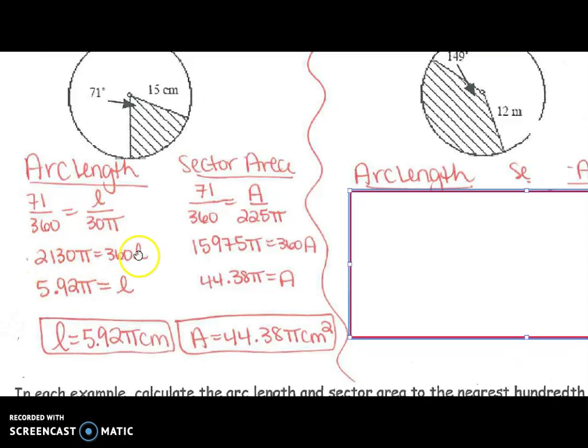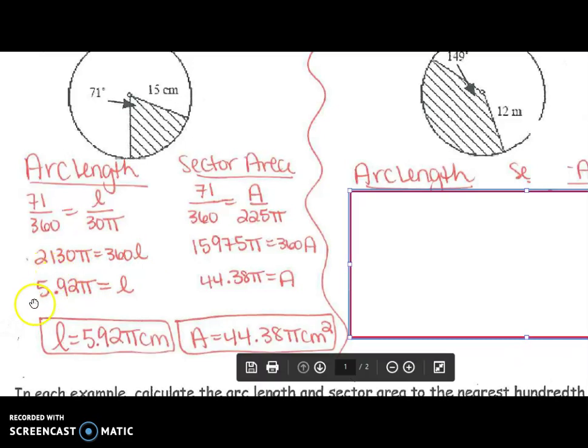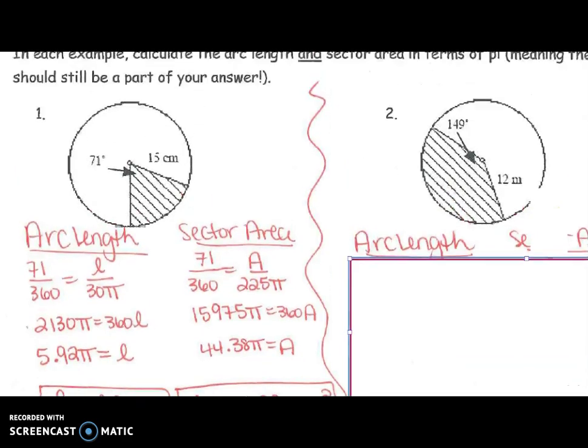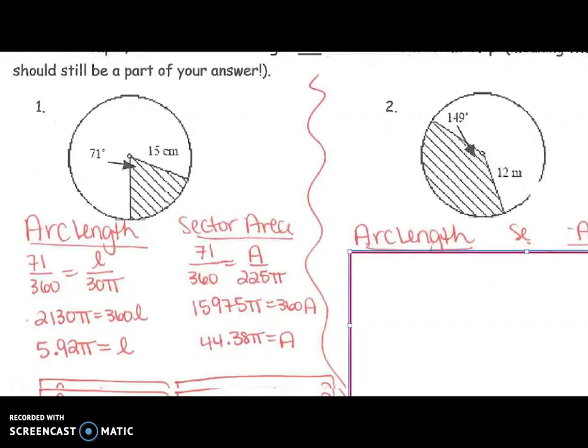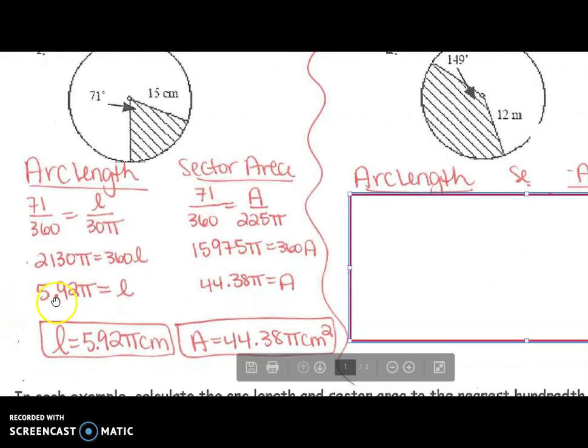Divide each side by 360. So 2130 divided by 360 is 5.92 pi. And then the question told you to just leave it in terms of pi, which means you don't need to multiply this number by pi. Just leave it in terms of pi. So all you have to do is write 5.92 pi. That is the length of this arc.